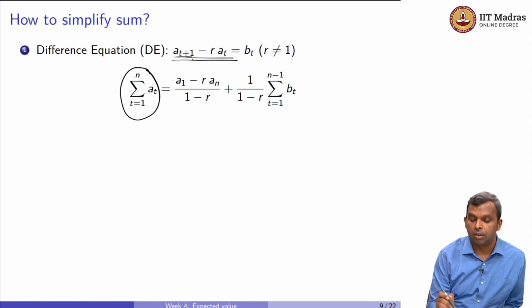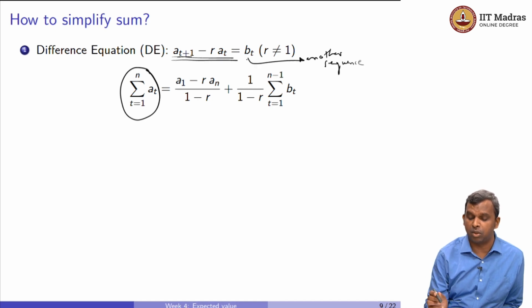This is another sequence, in general; it could even be 0, a trivial sequence, whatever. Then it turns out this summation is given by this formula: (a_1 minus r times a_n) divided by (1 minus r), plus 1 by (1 minus r) times the summation of b_t, t equals 1 to n minus 1.